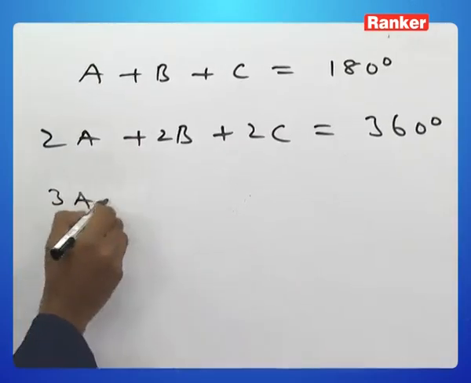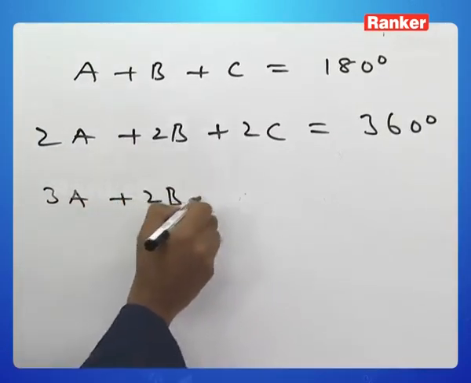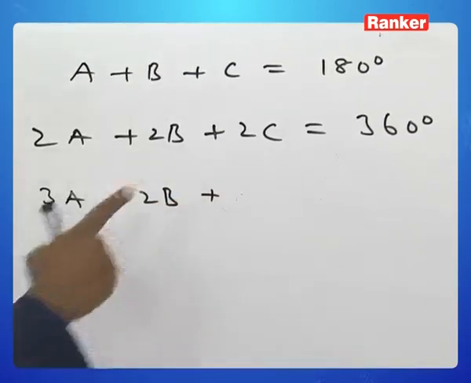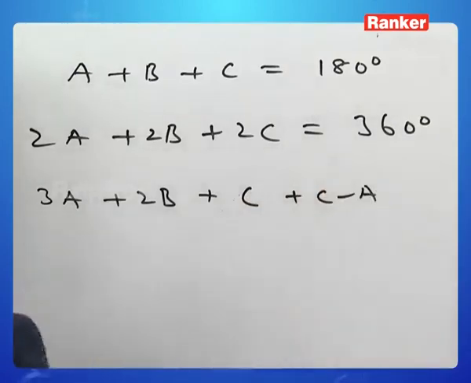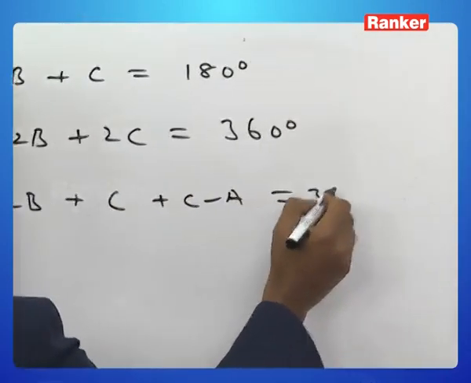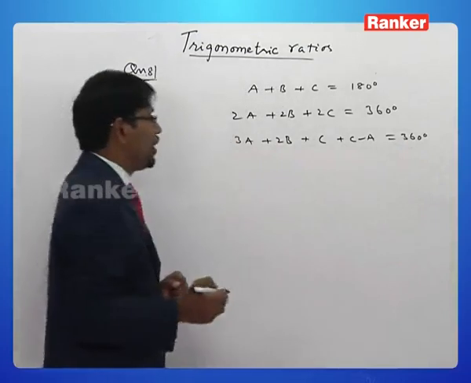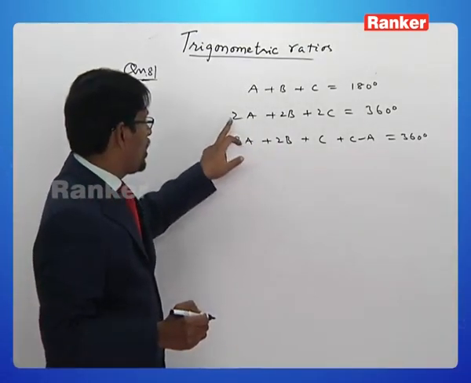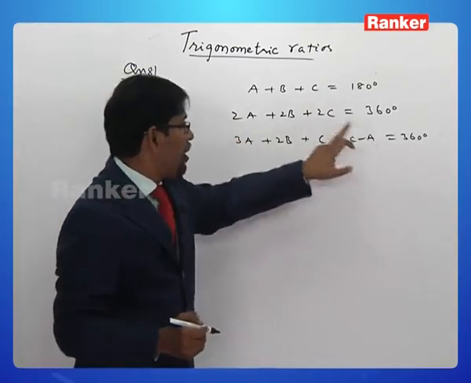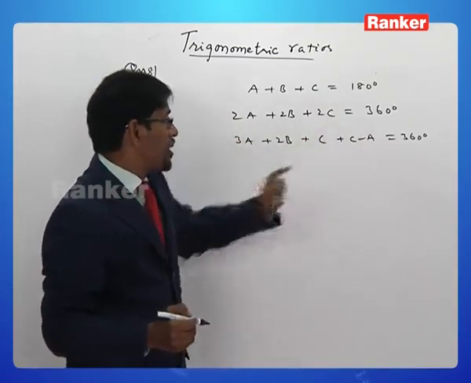That makes it 3A plus 2B plus C plus (C minus A) is equal to 360 degrees. What am I doing here? This 2A I am writing as 3A minus A. This 2C I am writing as C plus C.